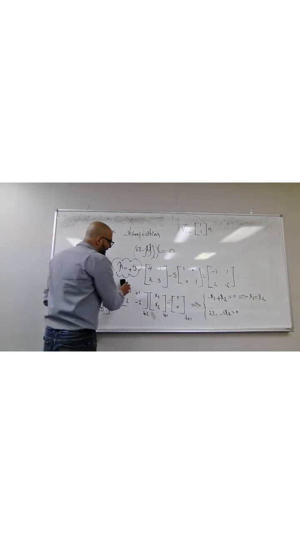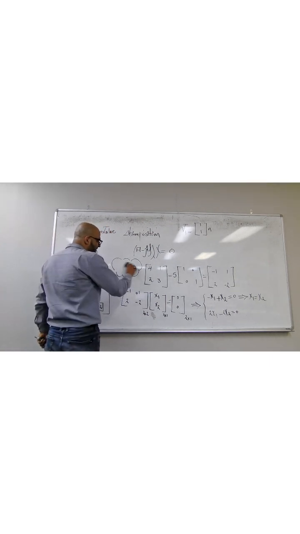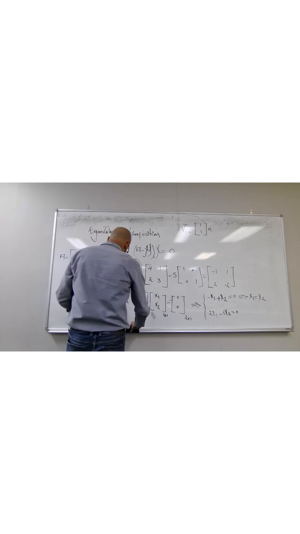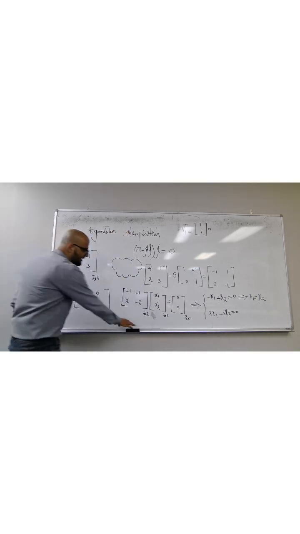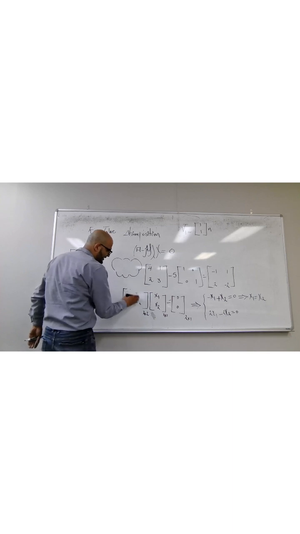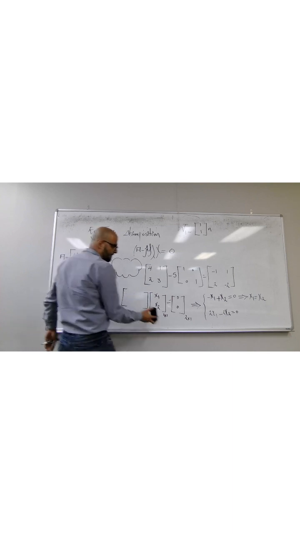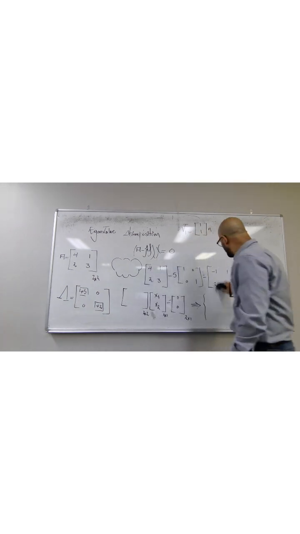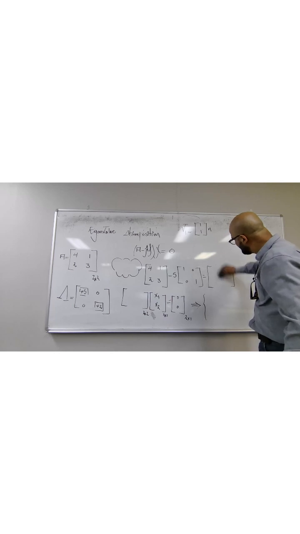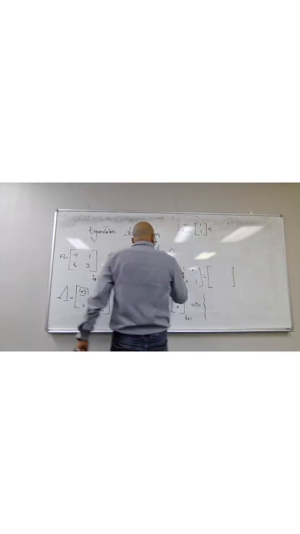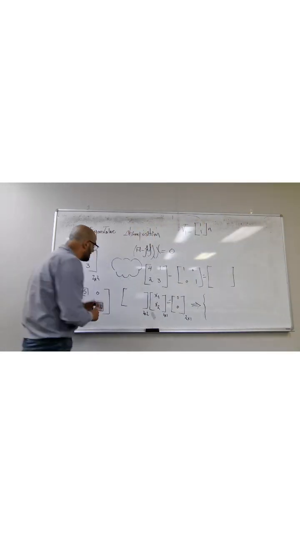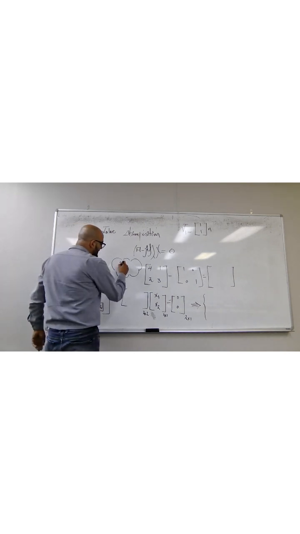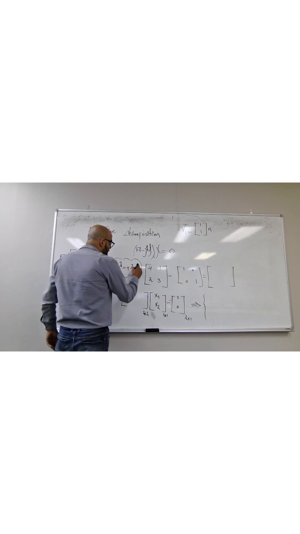Now, the next thing which I'm going to do, I'm just going to choose a different value of lambda. Let me erase this. I'm just going to do the exact same thing for the case that my lambda adopted the second value, which is 2, so lambda becomes plus 2.